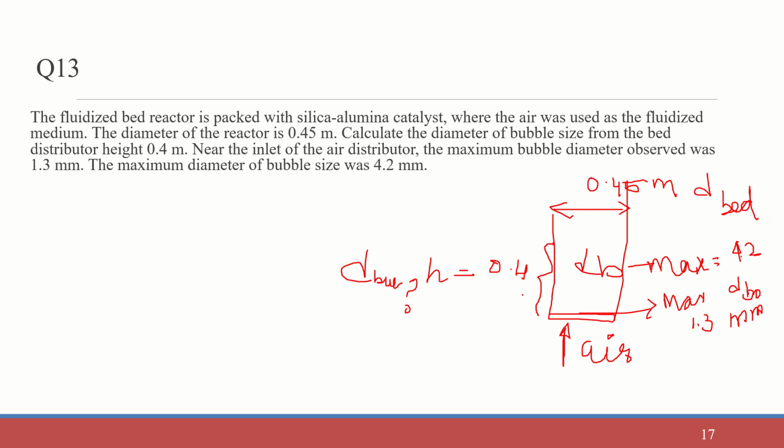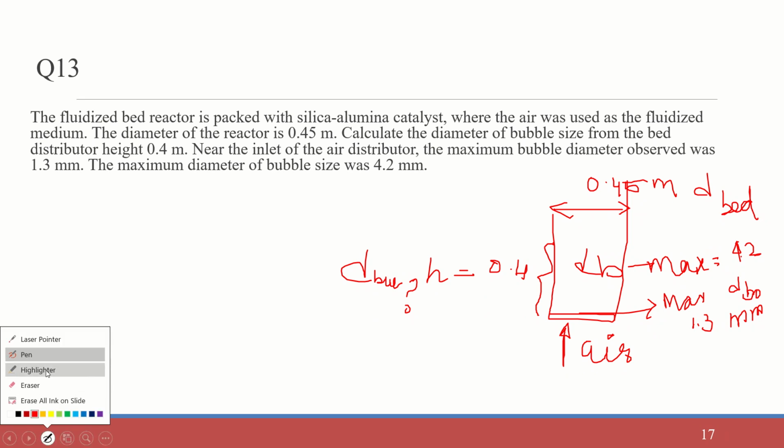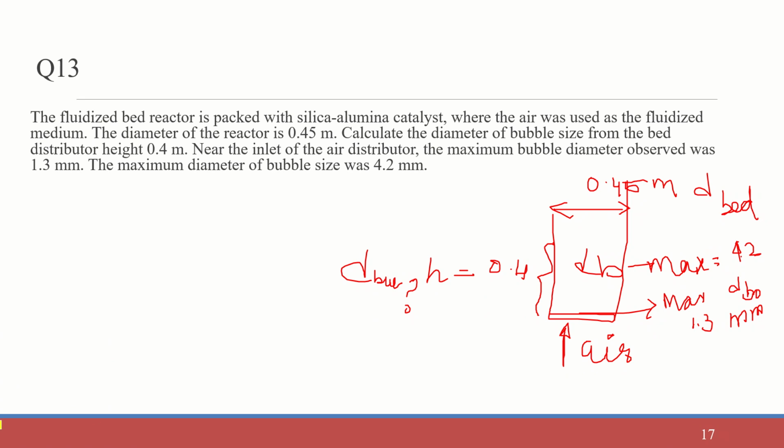We are given the diameter of the bed, 0.45 meter, and we are using air as the fluidizing medium. So obviously we will be getting bubble formation. The maximum diameter of the bubble in the bed is given as 4.2 mm, and near the inlet of the air distributor, the maximum bubble diameter was given as 1.3 mm.